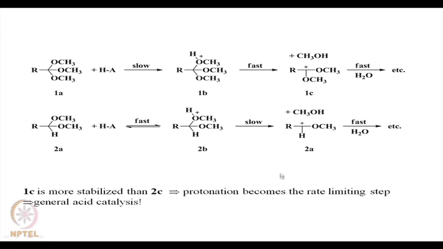If you compare these two, this is 1A, 1B, 1C, 2A, 2B, 2C, you can probably think that 1C is more stabilized than 2C. So, protonation becomes the rate limiting step. So, this is general acid catalysis.